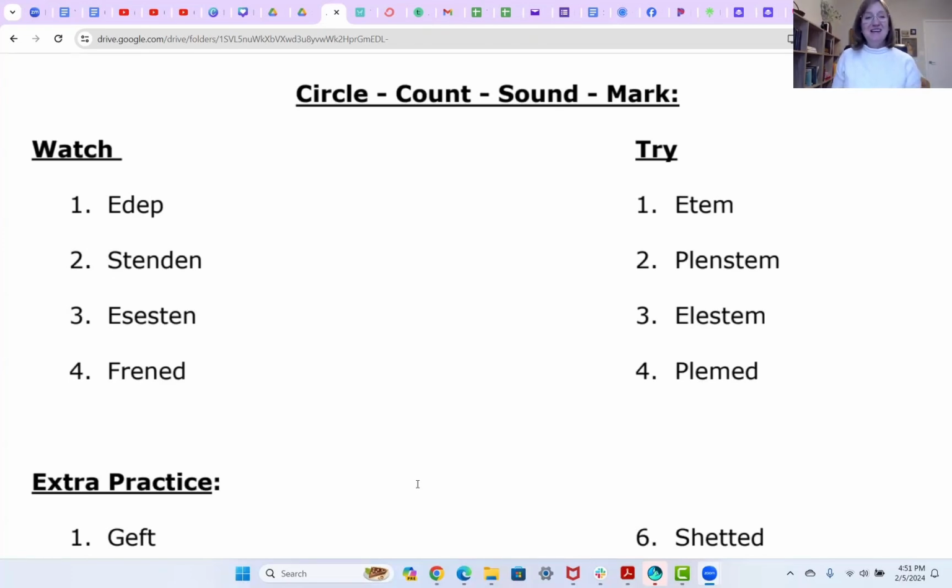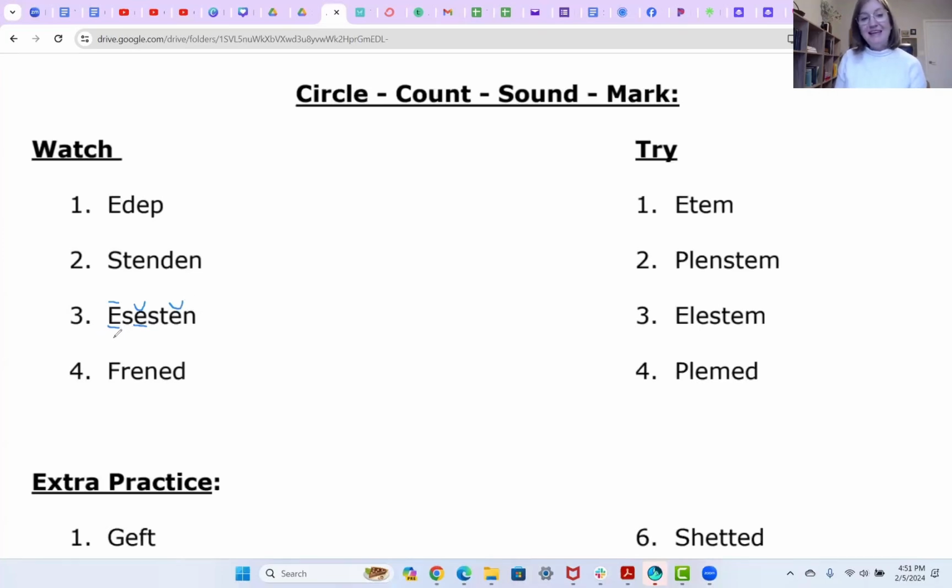All right. Number 3, I'll go ahead and annotate this for you. This E is going to say "E" because there's a vowel two doors down. This E is going to say "eh" because there's not another vowel in the next one or two spots. This E is also going to say "eh" because there's not another vowel in the next one or two spots.